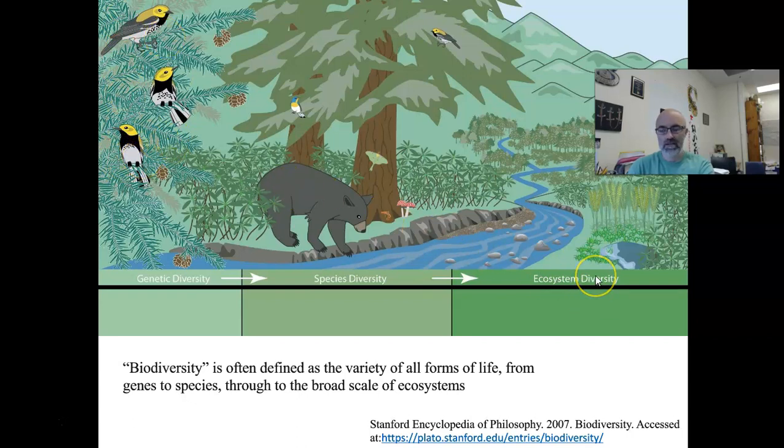When we're talking about ecosystems, we're talking about a group of species living in association together. Okay, so that is the need for the reading that we did, and for understanding what a species is.